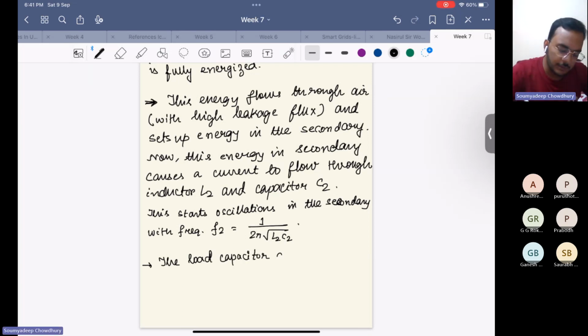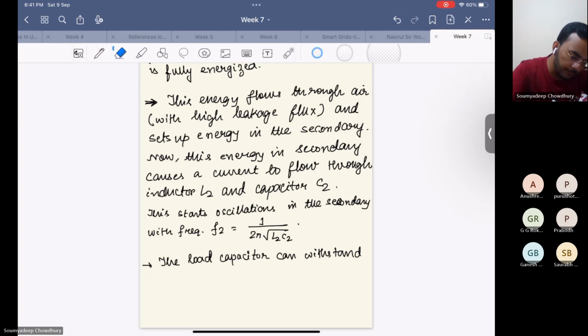So the load capacitor can withstand up to a particular voltage.